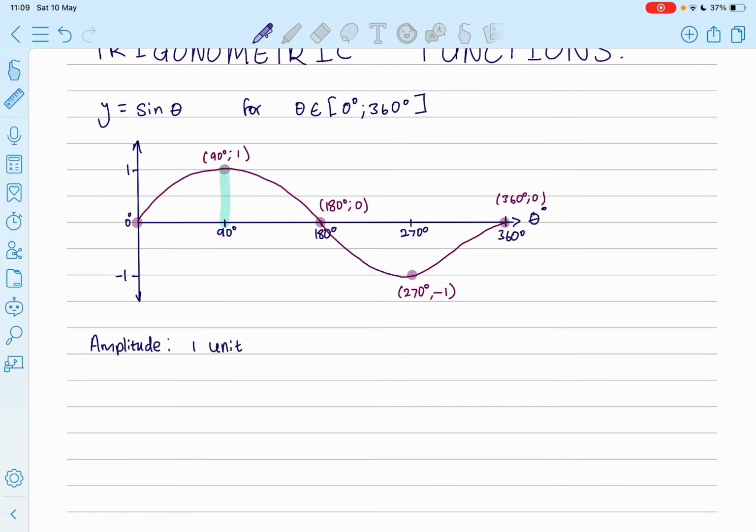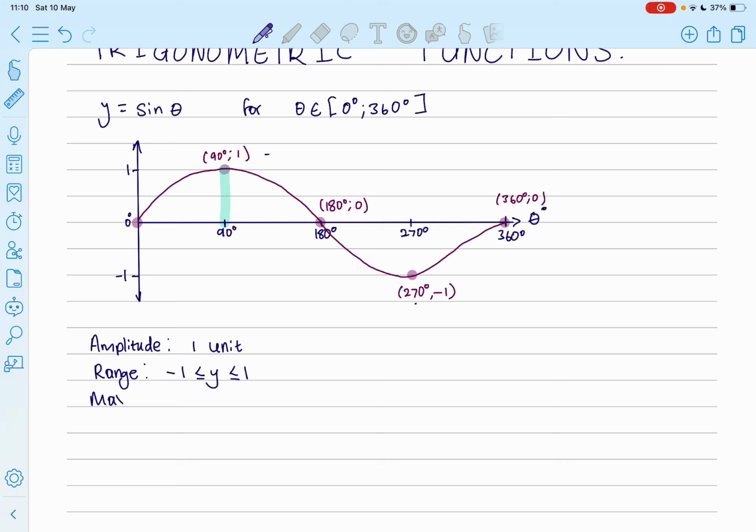The next key feature you need to know is the range. The range is the value between your maximum y value and your minimum y value. Our minimum is -1 down here, and our maximum is up there at +1. So that means our range is from -1 to +1.